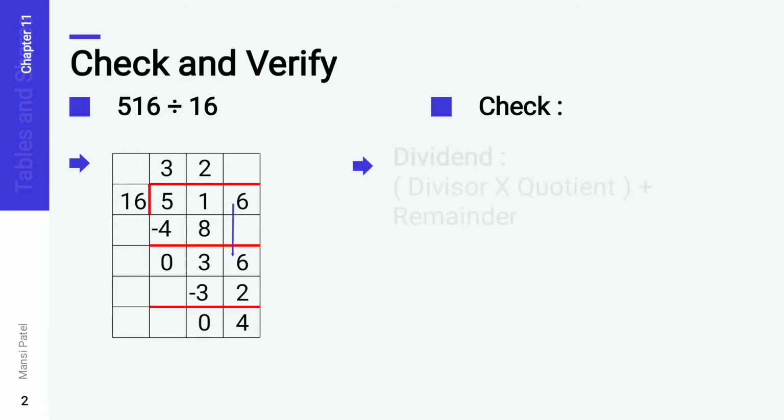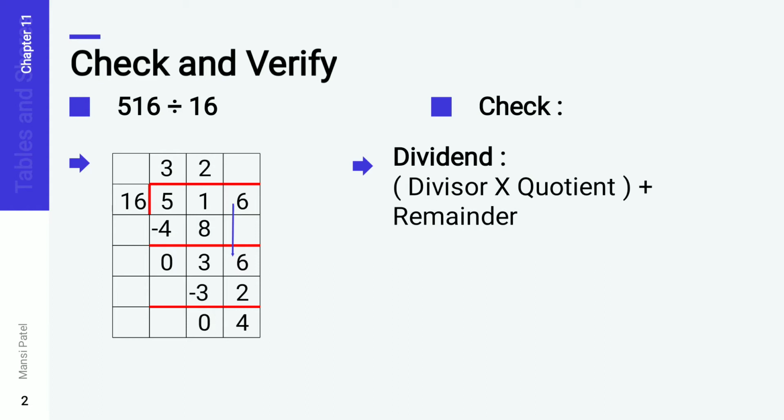If you want the dividend, then you have to do the multiplication of your divisor and your quotient, and in that you have to add your remainder. So here your divisor is 16 and your quotient is 32.